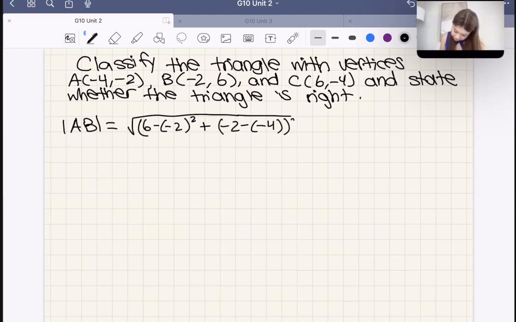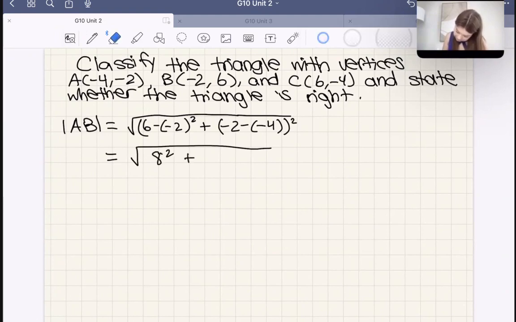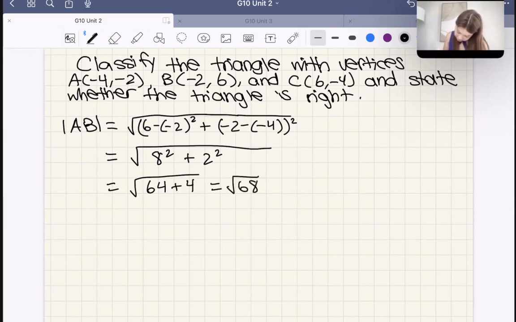There we go. Okay. So then we have 8 squared plus 2 squared. So that's going to be 64 plus 4, which is root 68. So there we go. All right, so length of AB turned out to be root 68.